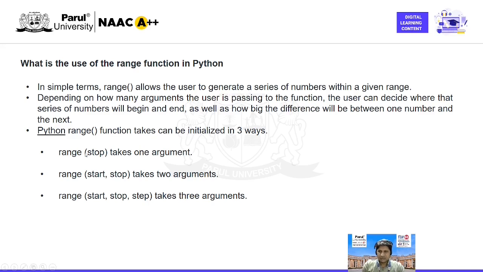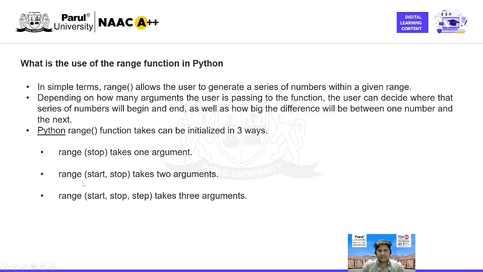What will be the default value for start? That is 0. And what will be the default value for step? That is 1. So it prints the sequence from 0 to whatever stop value is provided, and the difference between the first and second value is 1.